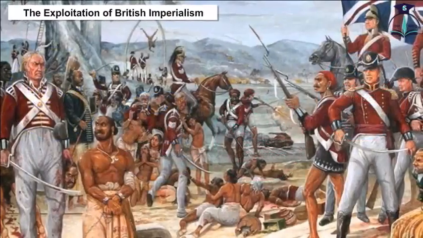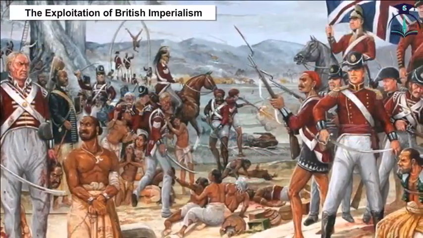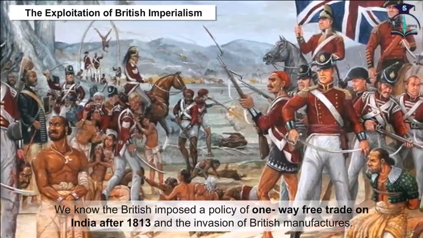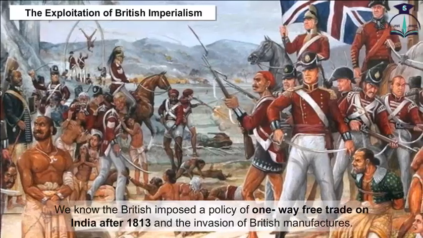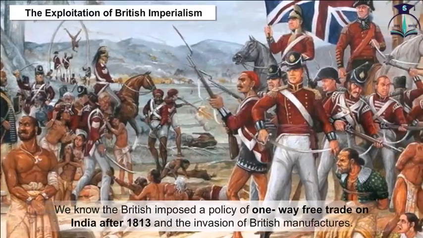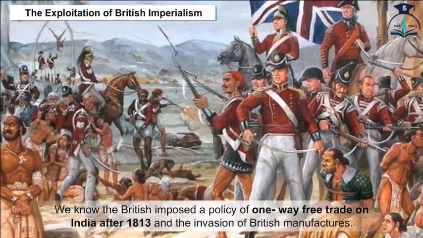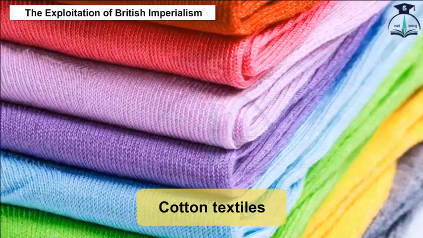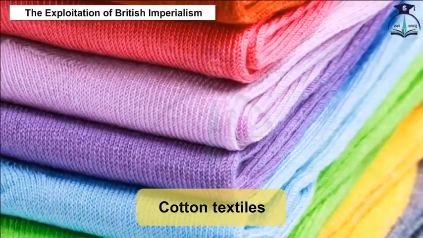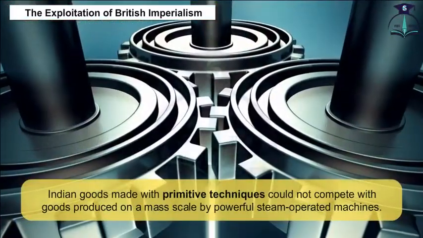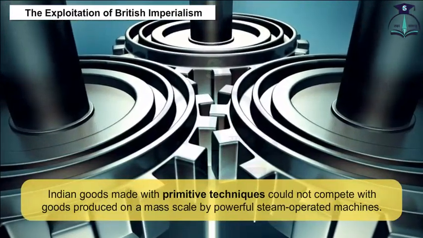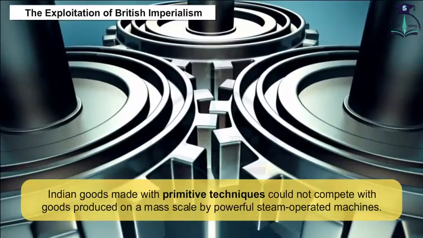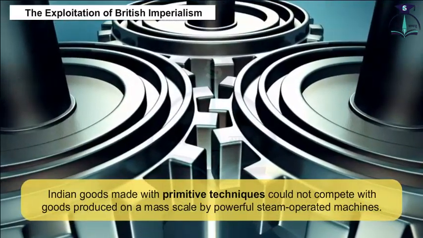The exploitation of British imperialism. We know the British imposed a policy of one-way free trade on India after 1813, and the invasion of British manufactures, in particular cotton textiles, immediately followed. Indian goods made with primitive techniques could not compete with goods produced on a mass scale by powerful steam-operated machines.